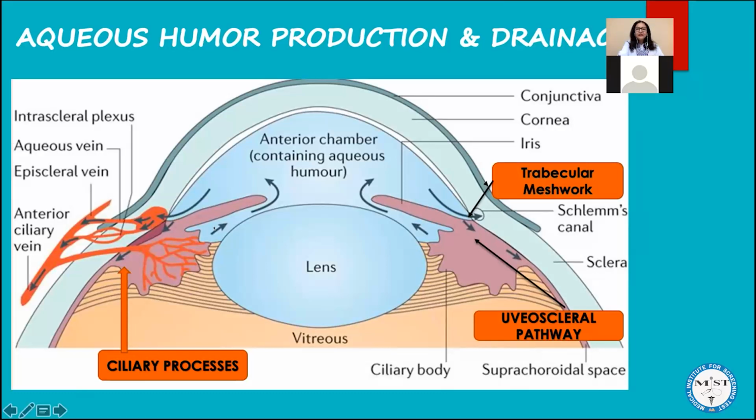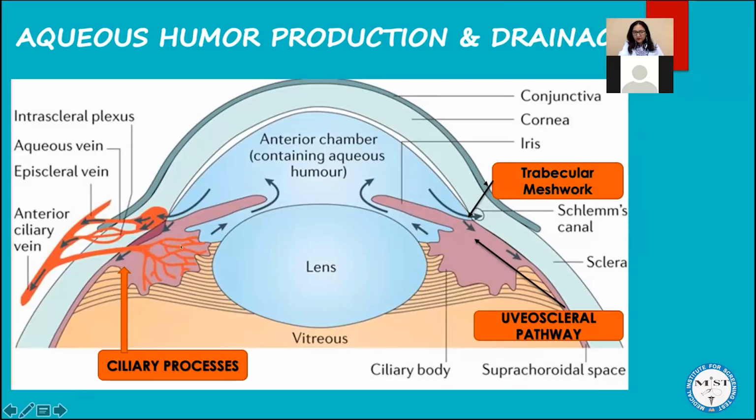The anterior segment is divided by the iris into the anterior chamber and posterior chamber. So aqueous humor is being produced in the posterior chamber by the ciliary processes. Just have a look at this diagram with me.